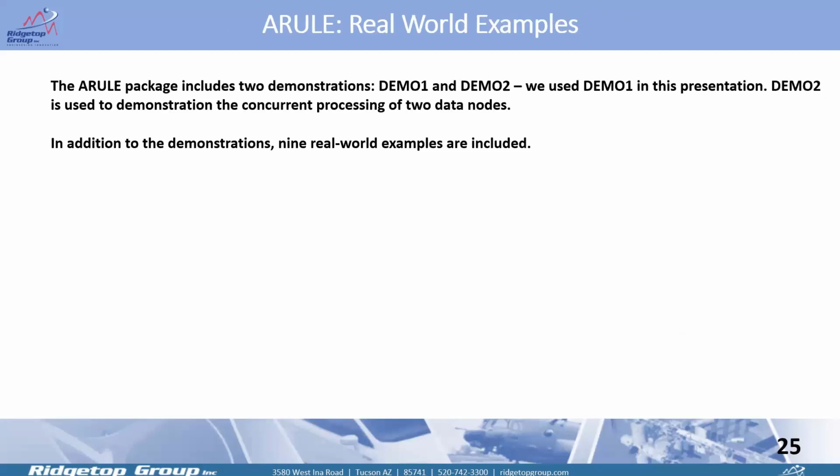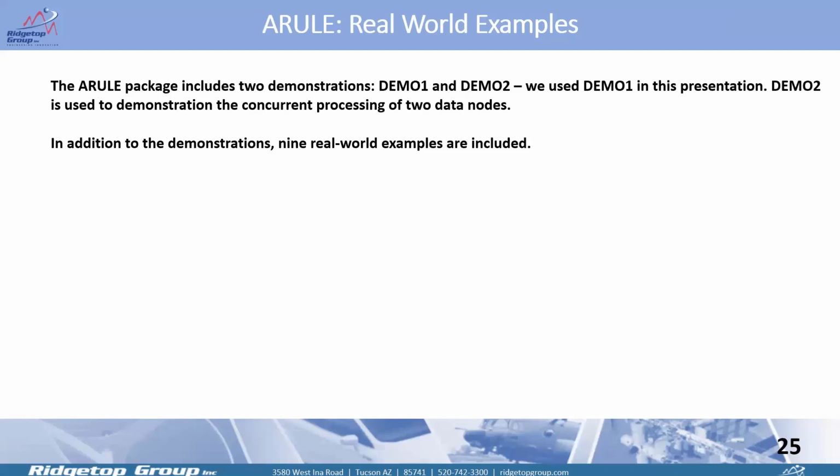When you obtain our ARULE package, or UD ARULE, we have two demonstrations, Demo 1 and Demo 2. We use Demo 1 in this presentation. What you saw was the actual captures of the results of running Demo 1. Demo 1 is basically using the data at one node.